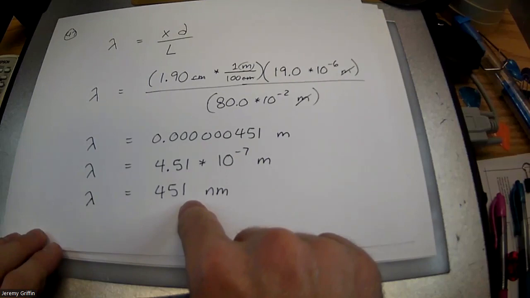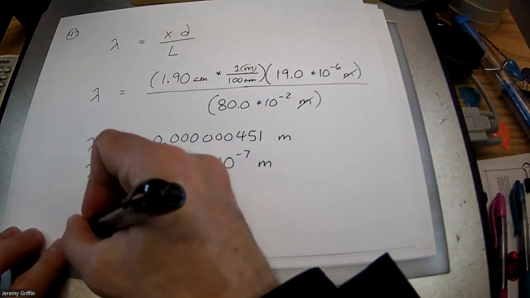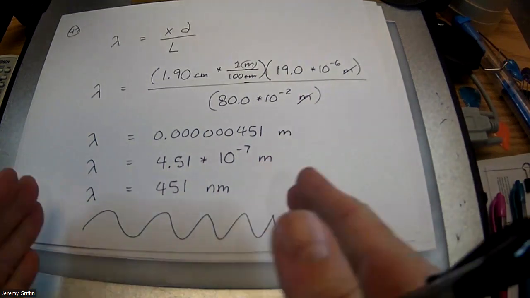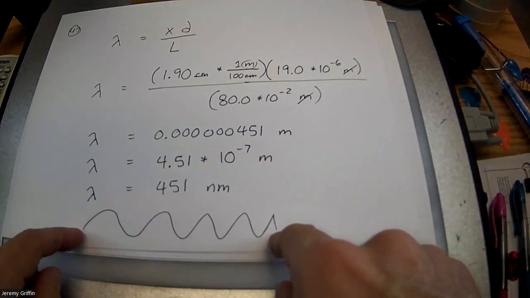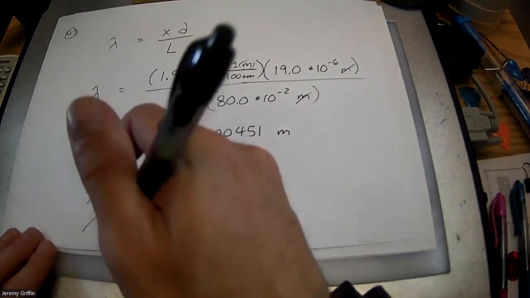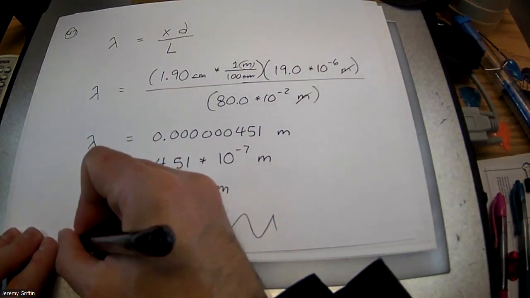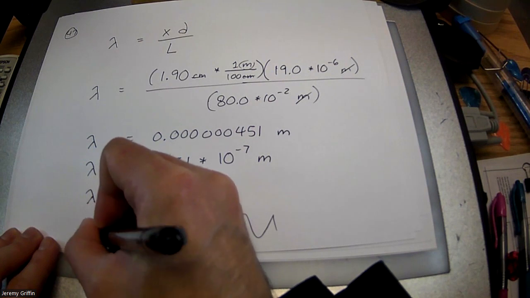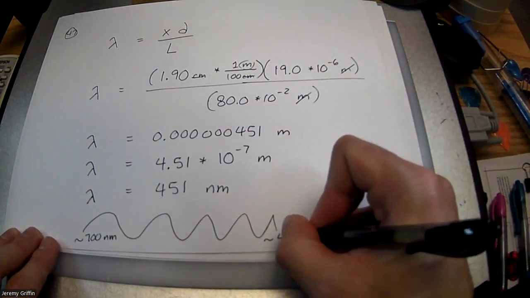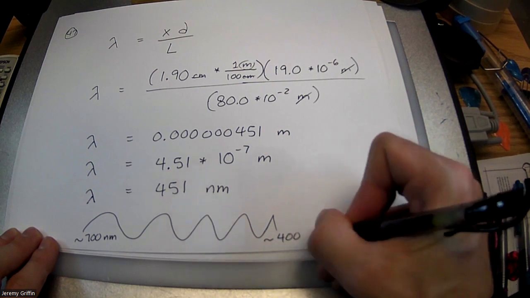451 nanometers. Hey, you guys remember the EM spectrum? You have longer wavelengths and shorter wavelengths. In the visible portion, you can see anywhere from red, which is pretty close to 700 nanometer wavelength, to violet, which is pretty close to 400 nanometer wavelength.